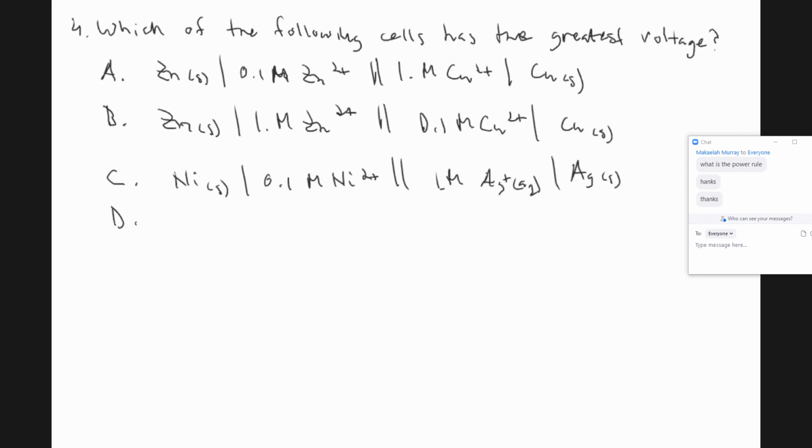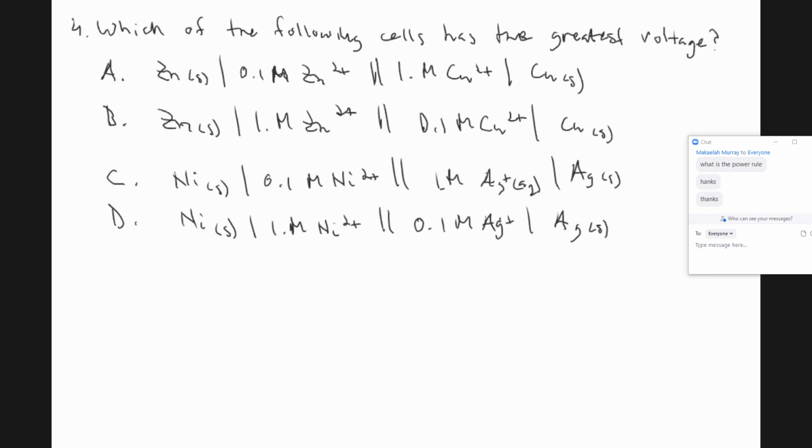And D, we have nickel getting oxidized to get 1 molarity of nickel 2+, and you start with 0.1 molarity of silver at that point, turning into silver solid.